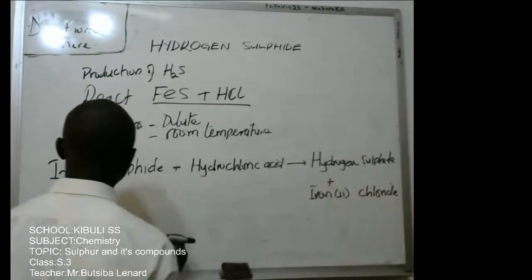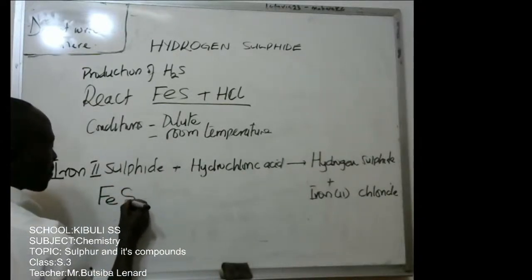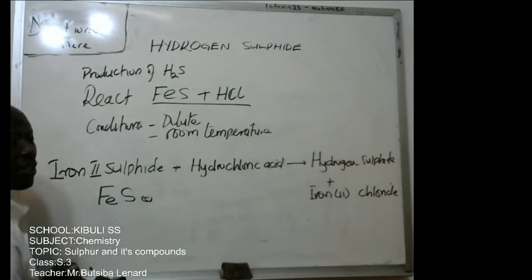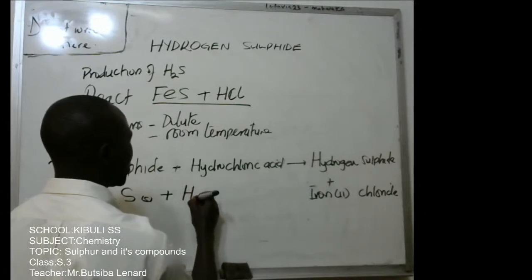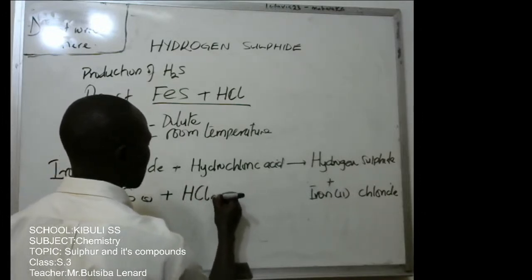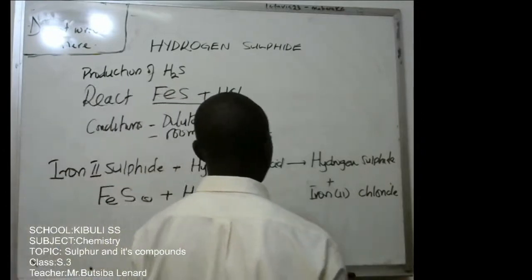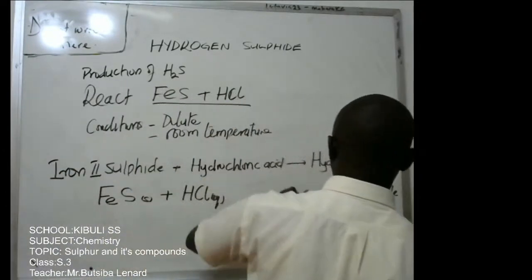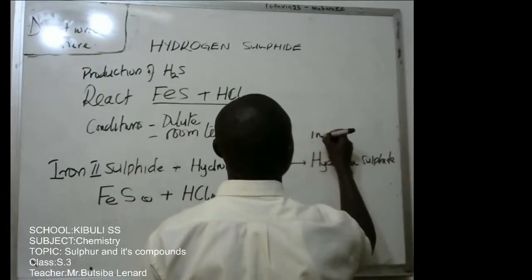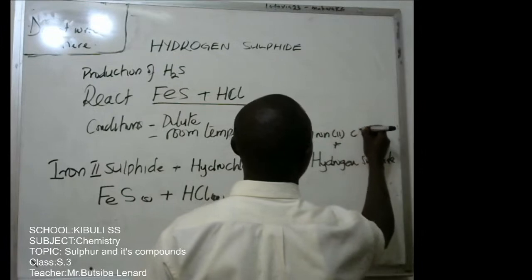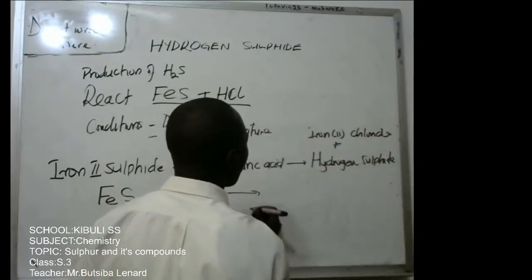From the above, we can come up with a chemical equation. The formula for iron 2 sulfide is FeS, it is a solid. Hydrochloric acid is HCl, and it is aqueous. So what is this that we are obtaining?